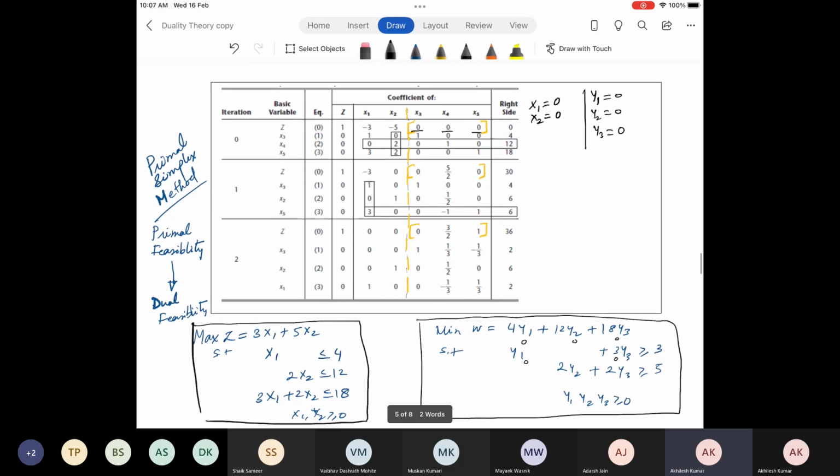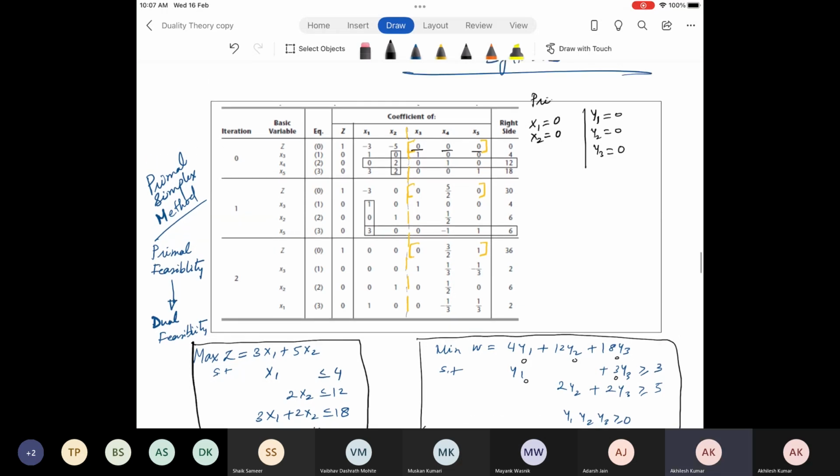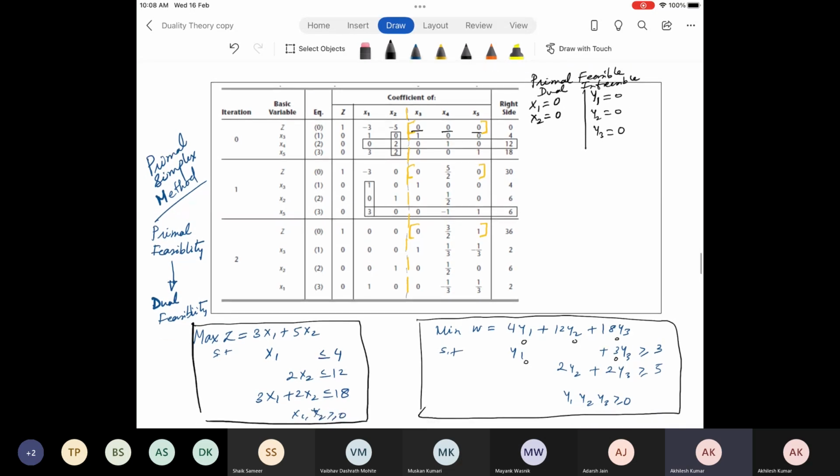So what we learn here is primal feasible, dual infeasible. Now, if you plug in x1, x2 equals 0 and y1, y2, y3 equals 0 in their respective problems, the value of g equals 0, and the value of w equals 0.